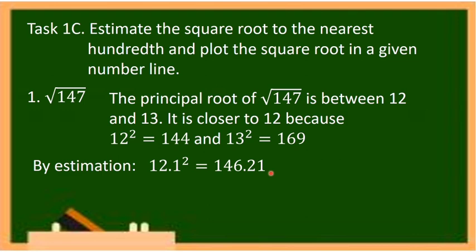And then we will also find the next consecutive number to the nearest tenth. After 12.1 is 12.2. So 12.2 squared, or 12.2 times 12.2, is equal to 148.84. And the square root of 147 is nearer to 12.1.